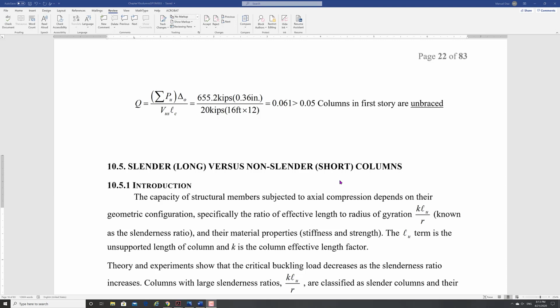And so the height in both cases is the same, right? So which one is long and which one is short, right? So long and short has nothing to do, or well, not nothing to do, but it's not just the height of the column. Okay, let's put it that way.